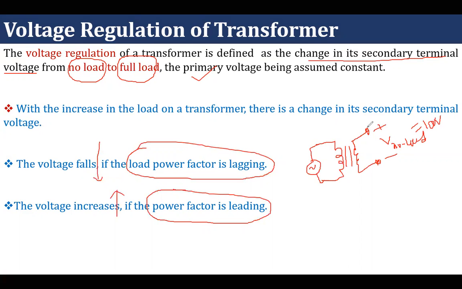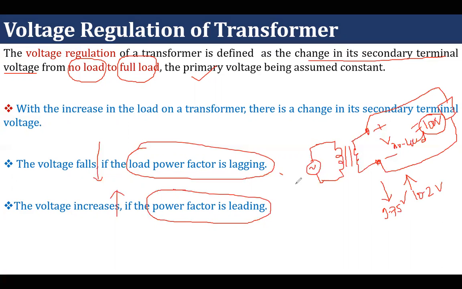Okay, so if we are connecting a load between these two terminals, then the voltage will not remain at 10. It will either decrease from this 10 volt or will increase from 10 volt, and it depends on the nature of the load. So maybe voltage will be 9.75 volt, or it may be 10.2 volt.